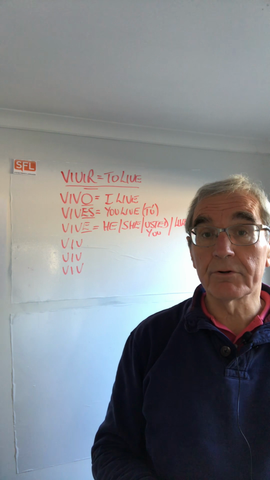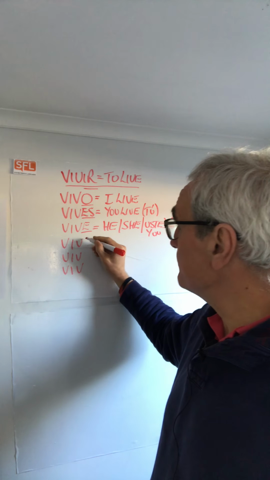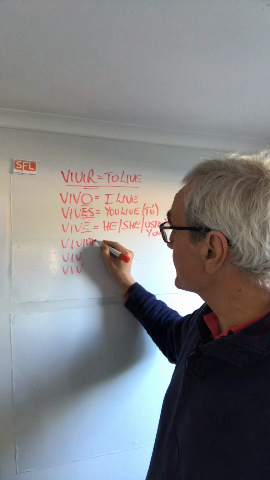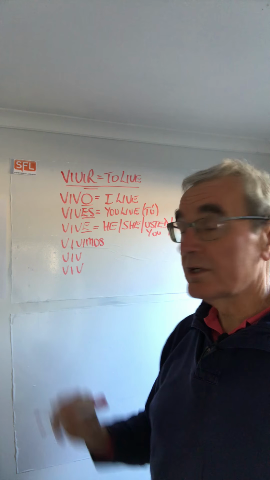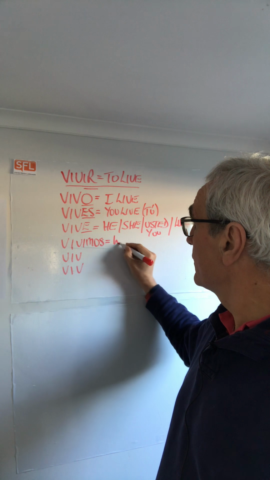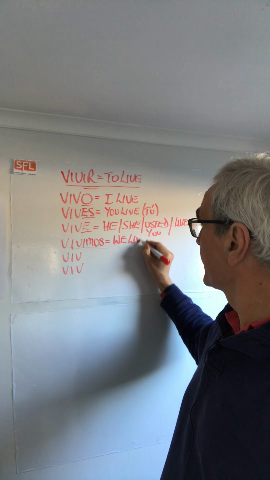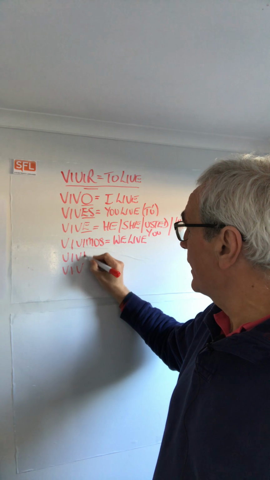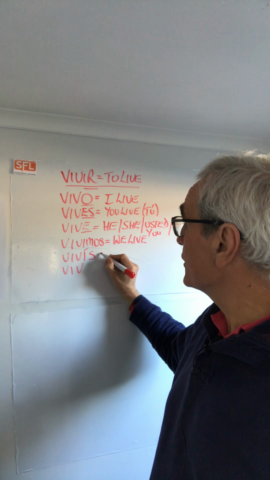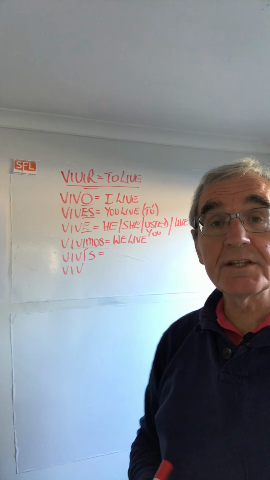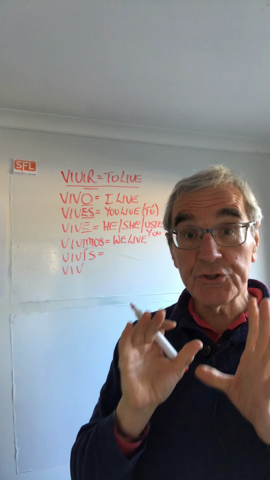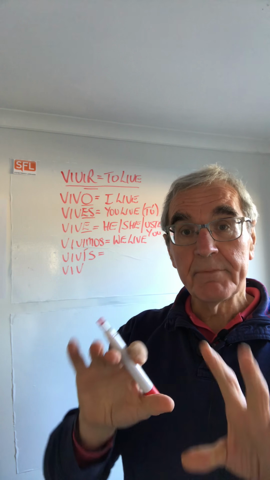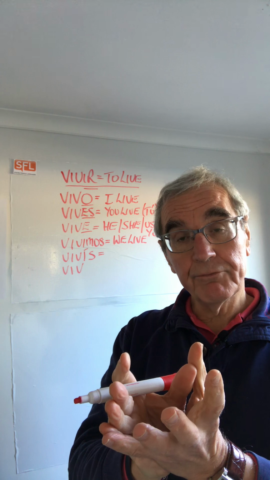Now we're going to do the plural. We've still got our stem, but this time I've added imos, vivimos, and that means we live. And I'm now going to do the you live form, which is vivís, vivís. So that means you live, but this time it's the plural form.